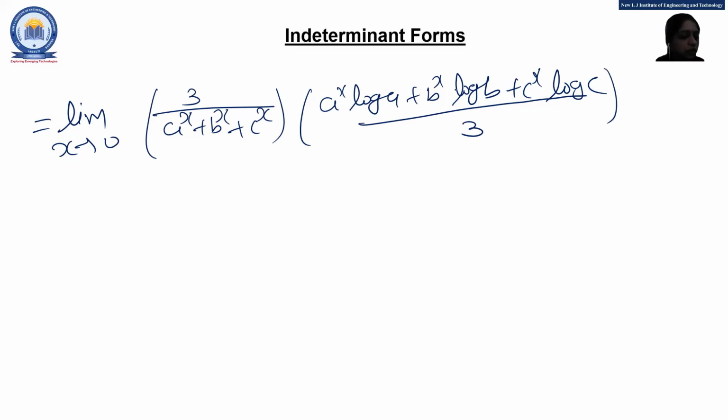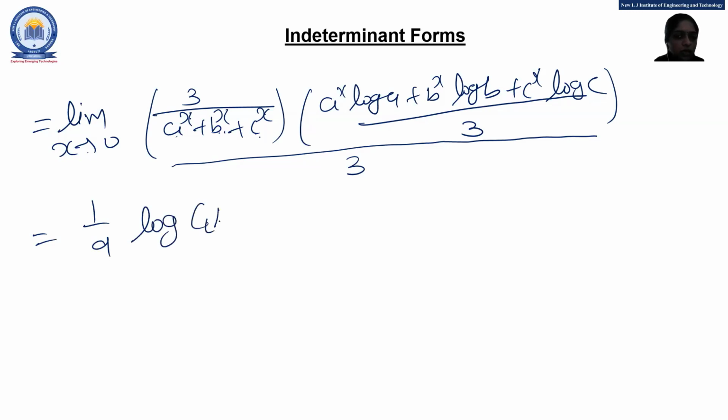So this is my numerator, and the derivative of 3x in the denominator is just 3. Okay. So if I apply the limit in this term, a raised to 0, b raised to 0, c raised to 0, that is 1 plus 1 plus 1. So 3 by 3, right? So after applying x tends to 0, my answer is 1 by 9 log abc.